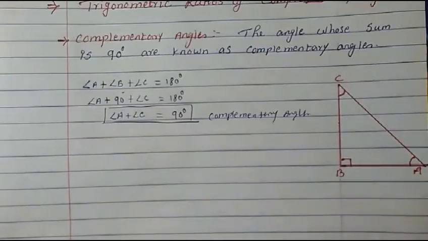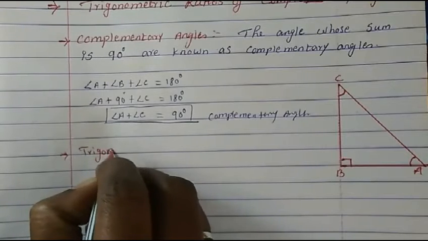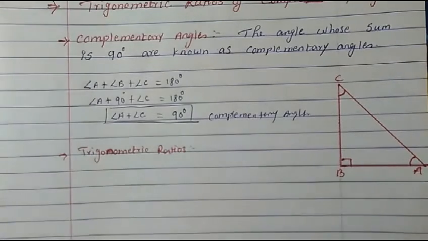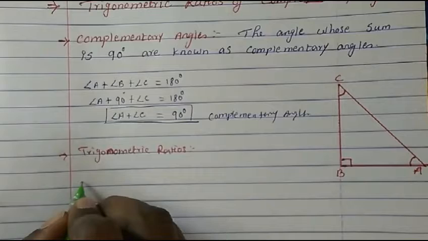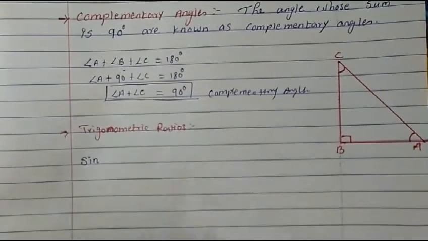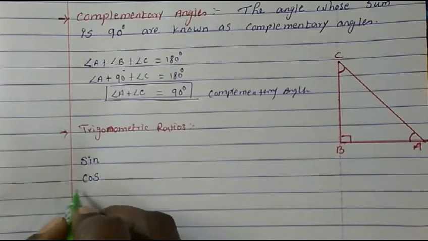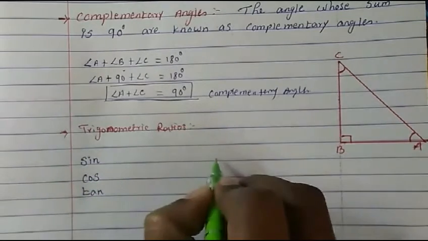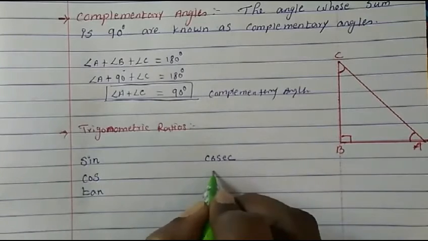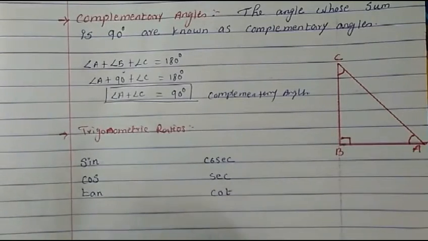We know the trigonometric ratios you have studied: sine theta, cos theta, tan, cosec, sec, cot. So these are the trigonometric ratios we have studied.